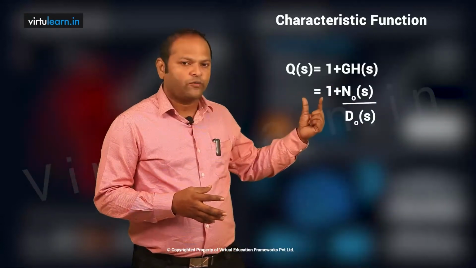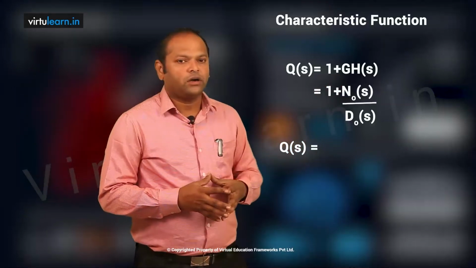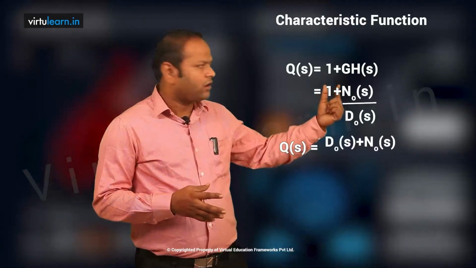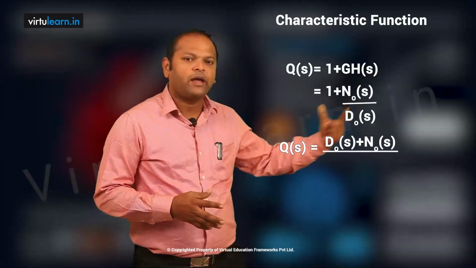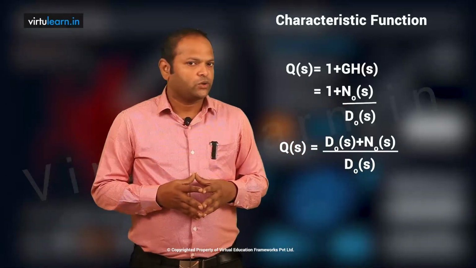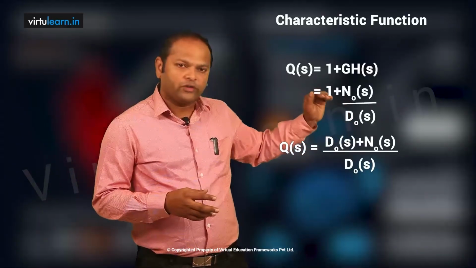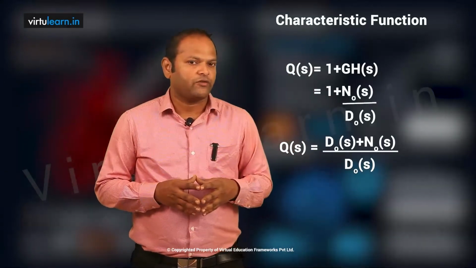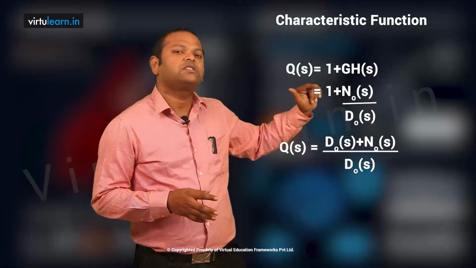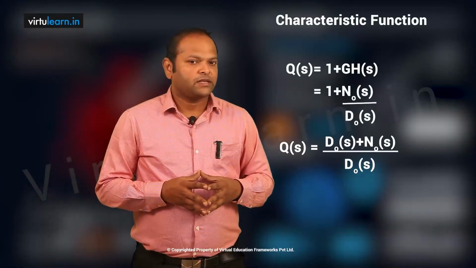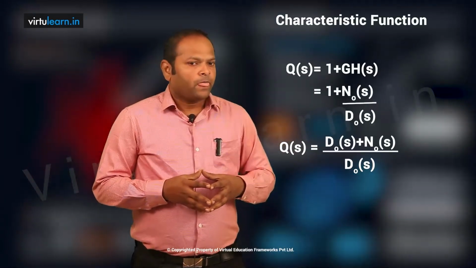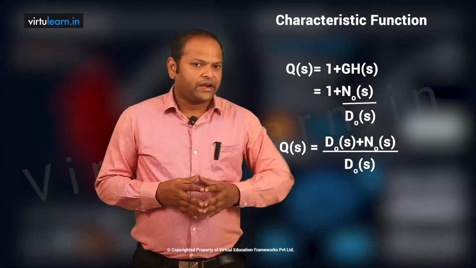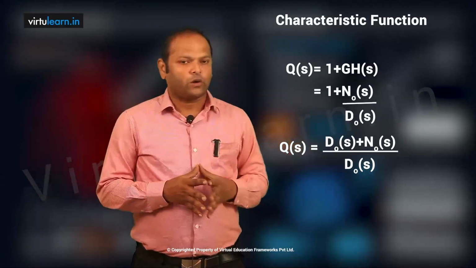Then we can write Q of s with numerator D naught of s plus N naught of s, divided by D naught of s. The denominator of this and the denominator of the open loop transfer function are the same, D naught of s, whereas the numerator is D naught of s plus N naught of s. Now I am interested in the characteristic function Q of s.